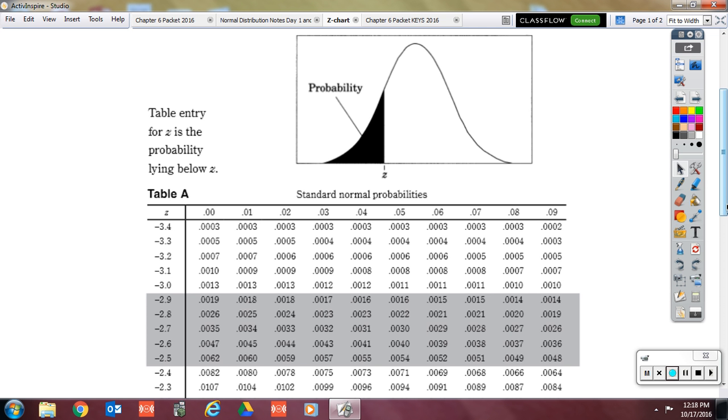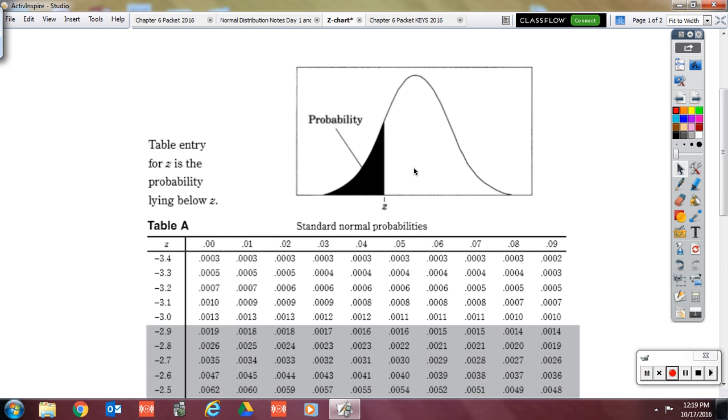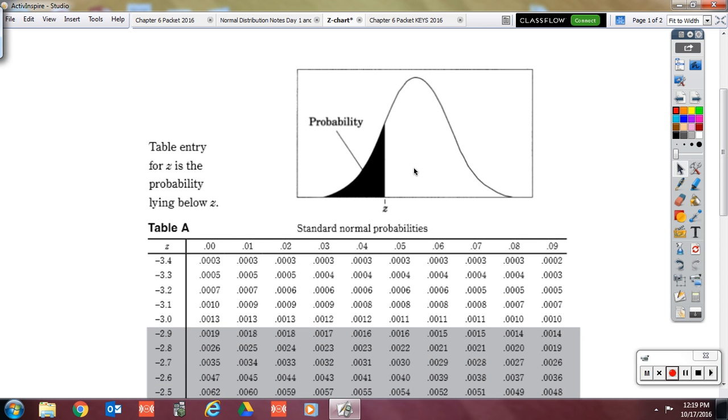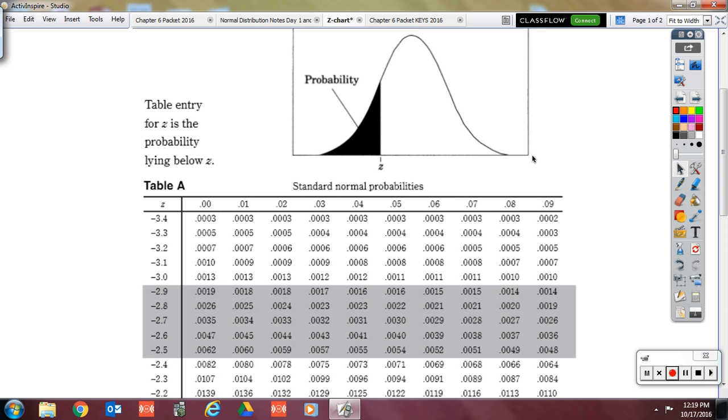For example, what would the z-score be for the mean? How many standard deviations away from the mean is the mean? 0, good. So our z-score for the mean is always 0.